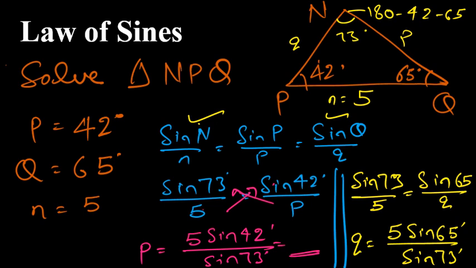So let me do it and I will write the answer so you can cross check. 5 sine 42 divided by sine 73.